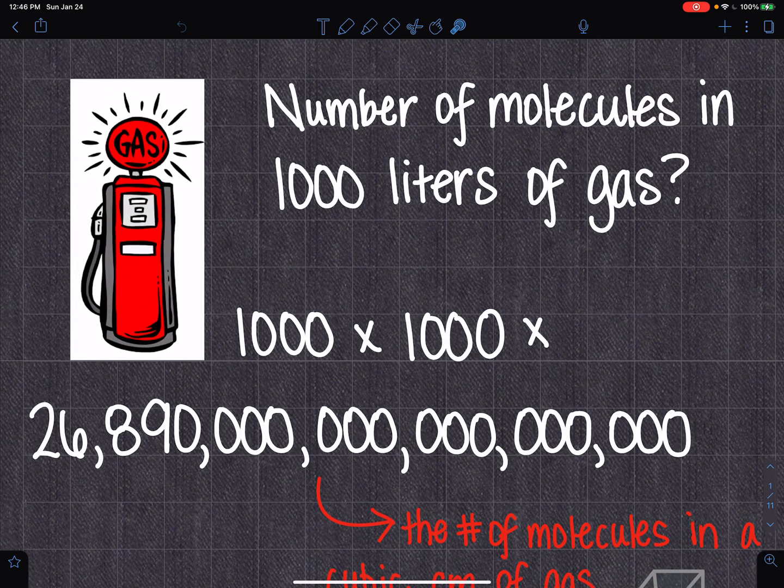So what if your problem says, find the number of molecules in 1,000 liters of gas? You have to get liters down to something small, like cubic centimeters. To do that, you're going to multiply 1,000 times 1,000.